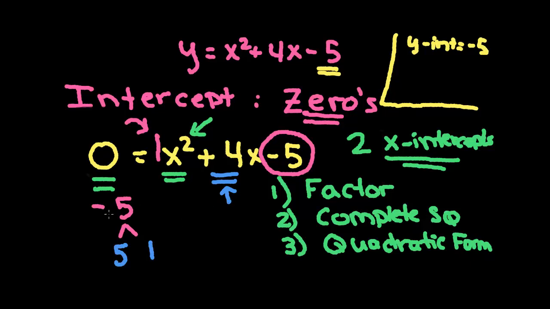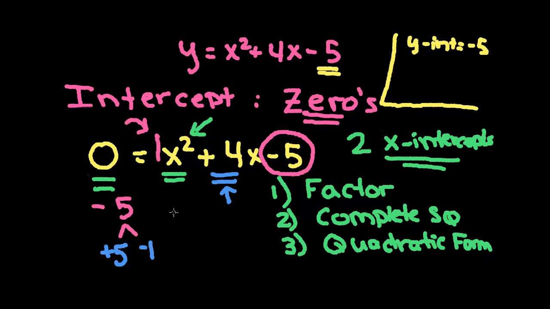But I want to multiply to get a -5 and add to get a +4. So I would have to put a positive on my 5 and a negative on my 1. That way, when I multiply them, I get a negative number, but when I add +5 plus a -1, I get a +4.